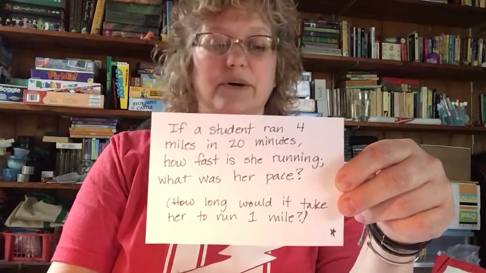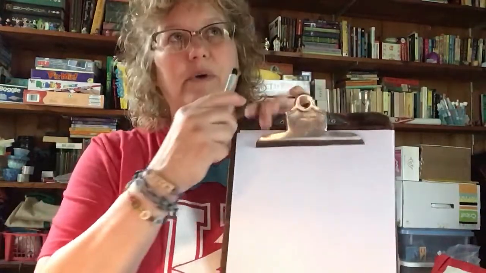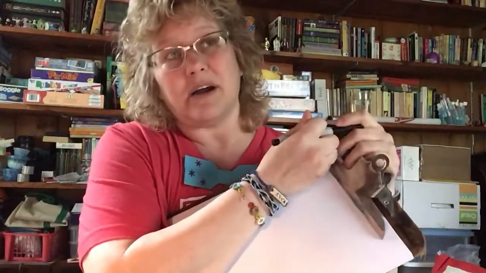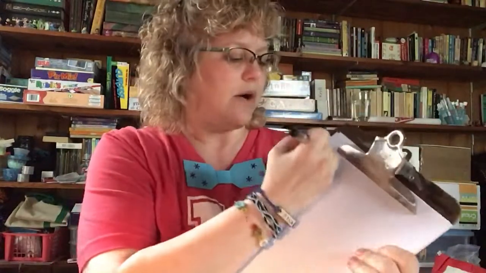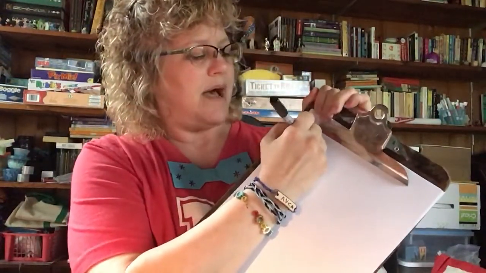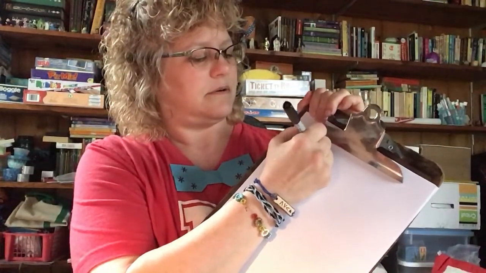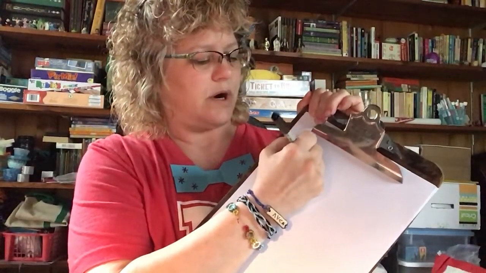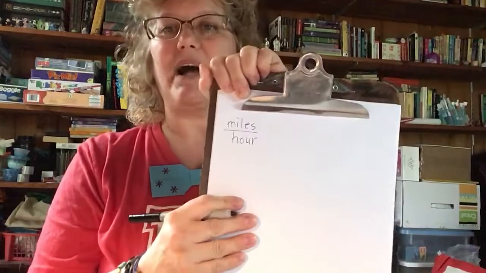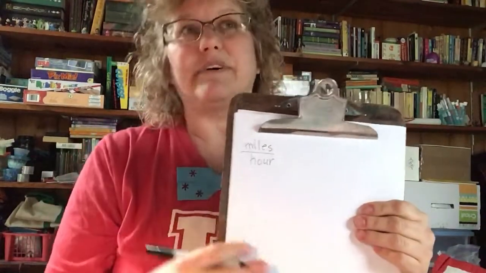All right. So the first thing that I'm going to do is look at my problem, and it says if a student ran 4 miles in 20 minutes, how fast was she going? Well, I know when I drive a car, I always have to think of it as a ratio. My car can go how many miles per hour, right? It goes in miles per hour. That's how I think of it.